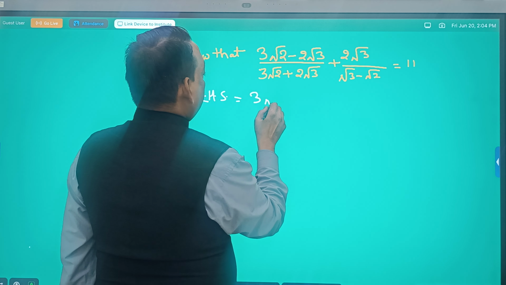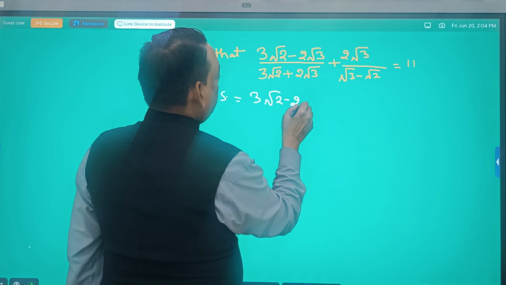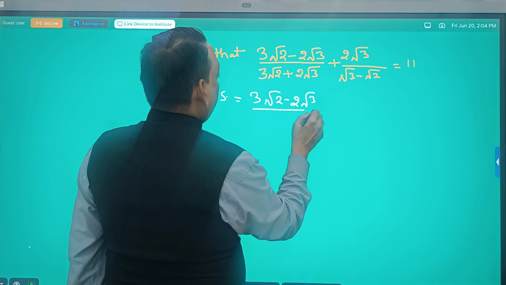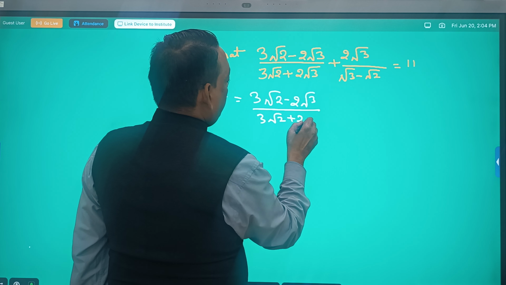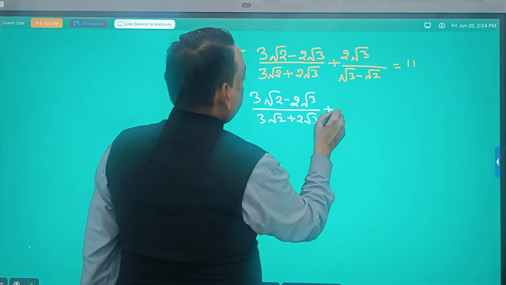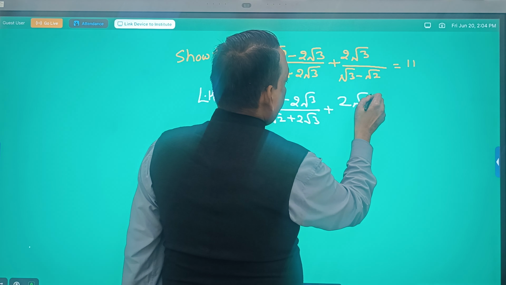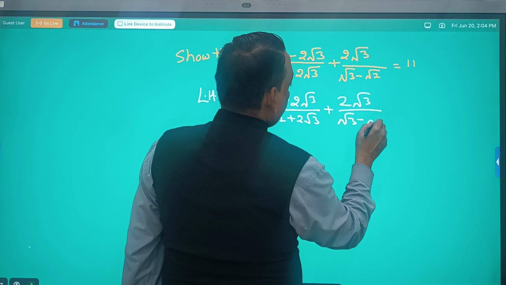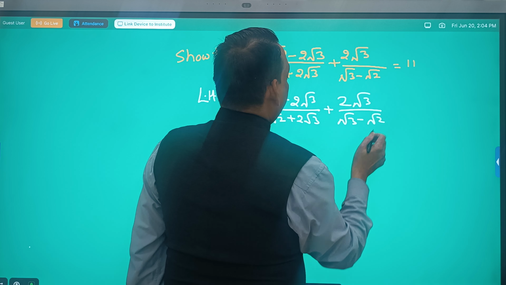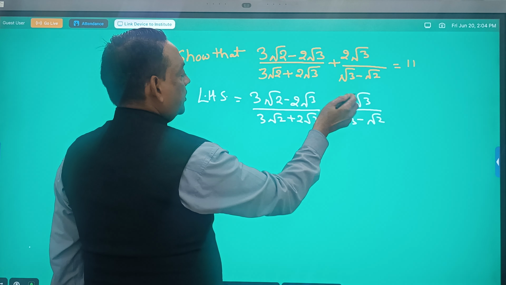So (3 root 2 minus 2 root 3) upon (3 root 2 plus 2 root 3) plus 2 root 3 upon (root 3 minus root 2). And since there is nothing common in the denominator, we directly cross multiply.